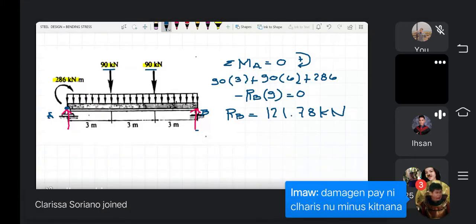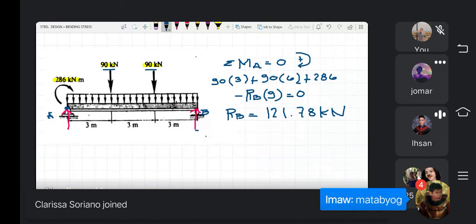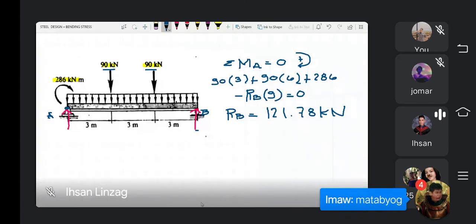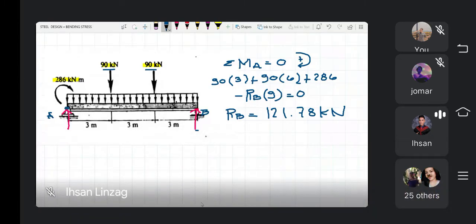So, after nakuha na natin si RB, kukunin natin si RA. So, summation Fy or force along vertical is equal to 0, upward is positive. Pagpasensyahan nyo na tong pen, medyo sira-sira ata. So, ang RA natin is upward, kaya positive siya. Ang RB natin is upward, positive.